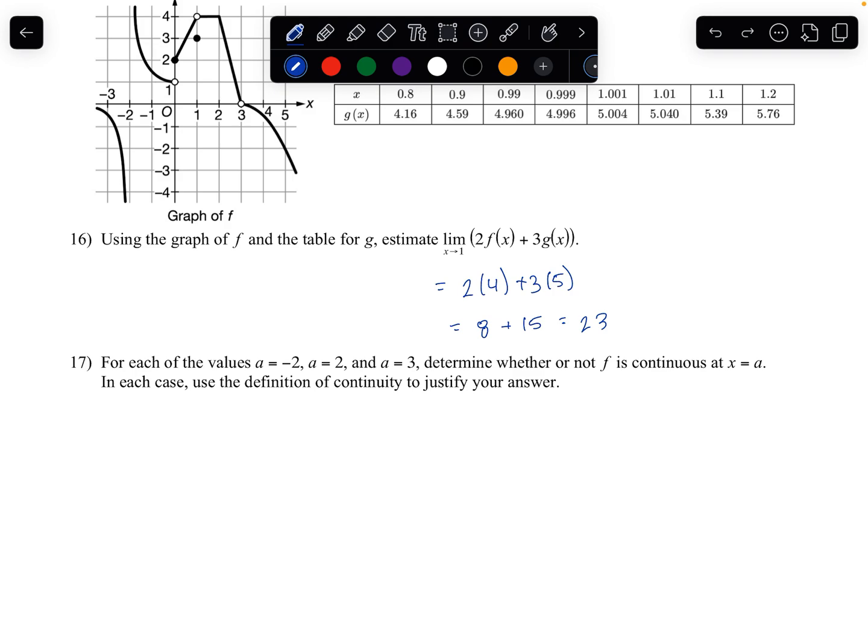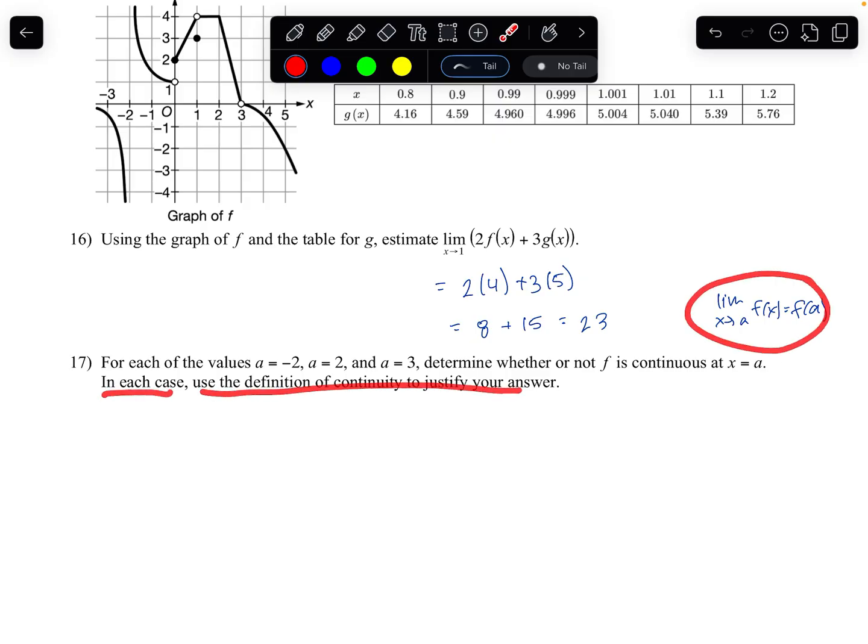So the definition of continuity is that the limit as x approaches a of f of x has to equal f of a. So in each case, use the definition to justify. If it is continuous, you'll show that this is true. And if it's not continuous at one of these values, then you have to show that it's not true, or that they're not equal to each other.